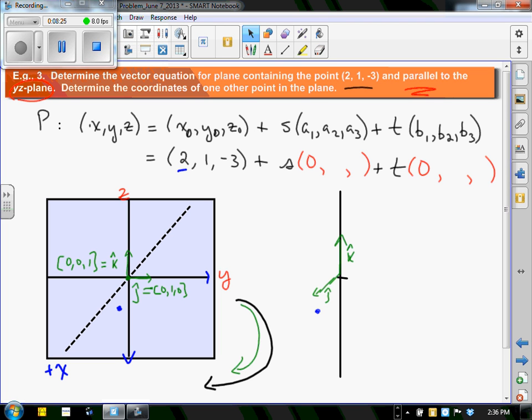So at this point, we need to ask ourselves, do we have two direction vectors that we can draw from this point, which is 2, 1, minus 3, such that we can define the entire plane using them?